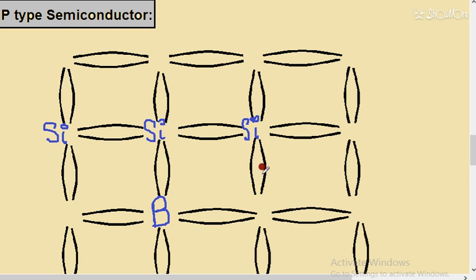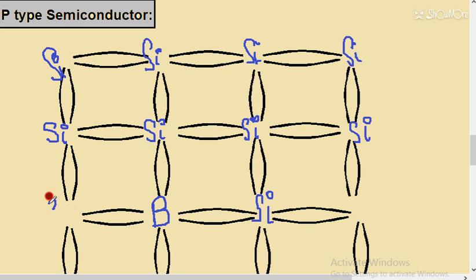So I am taking boron here. The other elements are silicon. You can complete this diagram, and all the rest are silicon. Si is the symbol for silicon. Okay, so almost the diagram is finished. Which impurity is added?